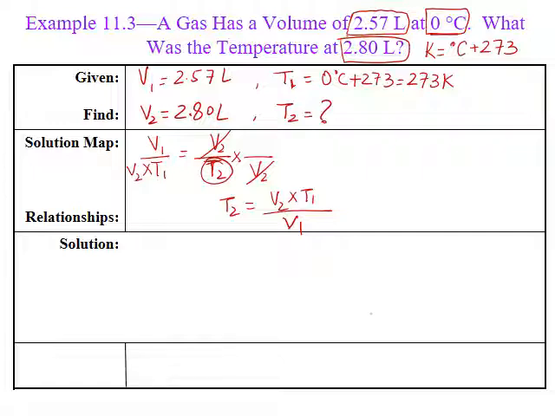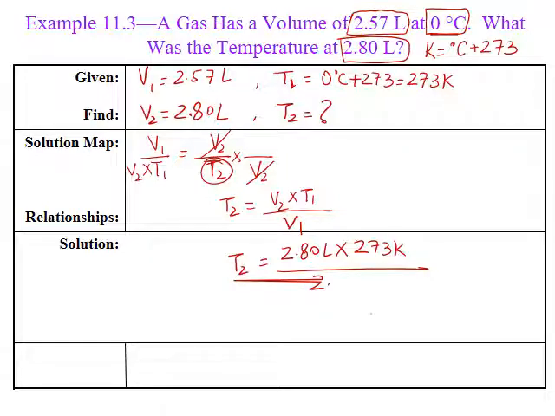So if I plug this into the equation, T2 will be V2, which is 2.80 liters, times T1, which is 273 Kelvin, divided by V1, which is 2.57 liters. Liters and liters get cancelled. Our final answer is in Kelvin, which is a unit for temperature.